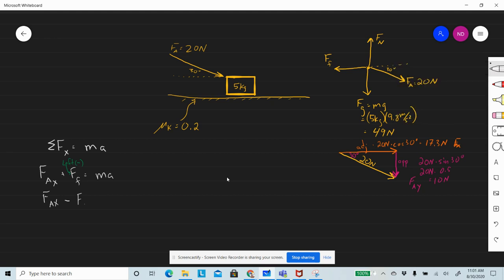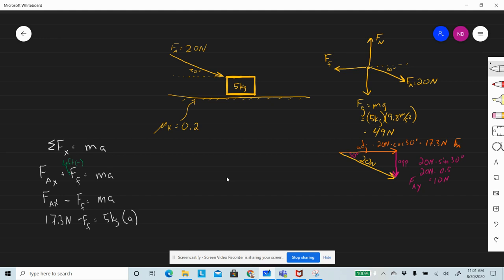The applied force in the x direction minus the force of friction equals ma. So 17.3 newtons minus the force of friction equals 5 kilograms times the acceleration.